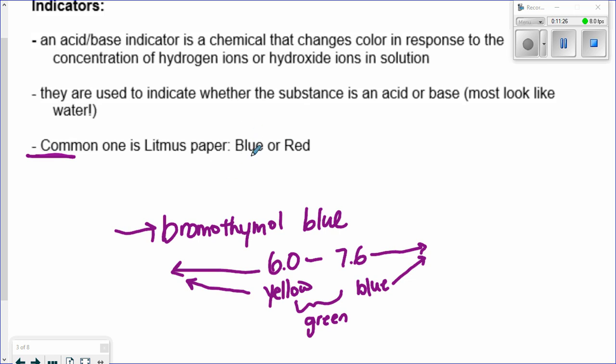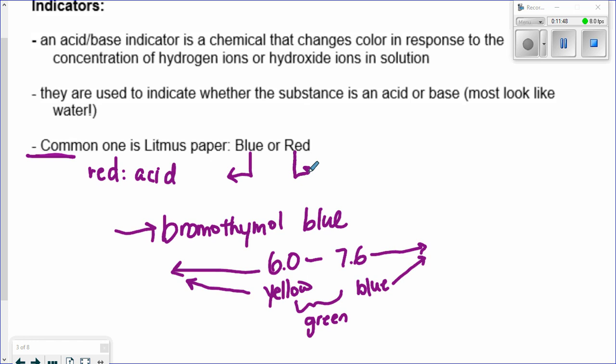So if you take a blue litmus and it turns red, we know that we have an acid. If you have red litmus and you dip it in and it stays red, we know we have either an acid or something that's neutral.